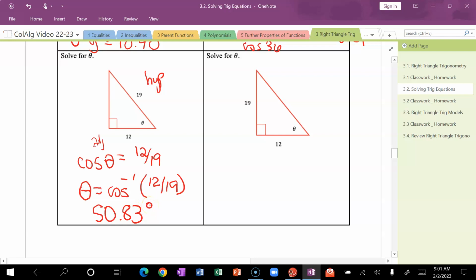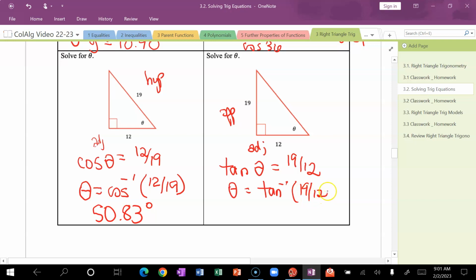It's measured in degrees. Solve for angle theta here. If you look at angle theta, this is the opposite side. This is the adjacent side. So I know that the tangent of theta is equal to the opposite over the adjacent. That means that theta is equal to the inverse tangent of 19 over 12.